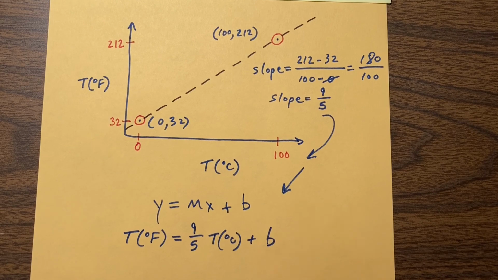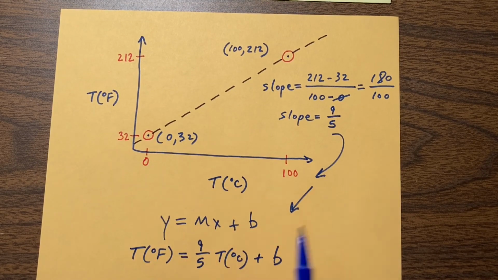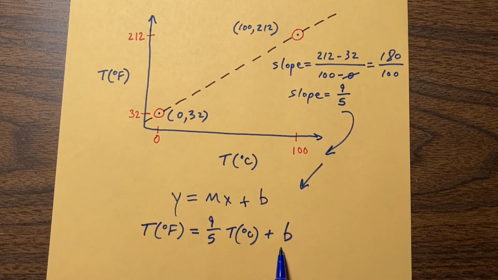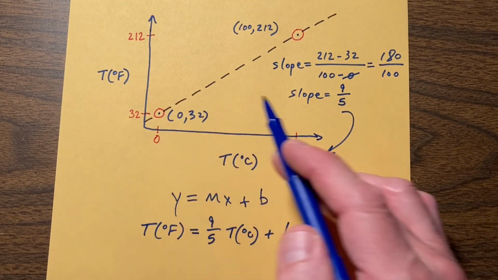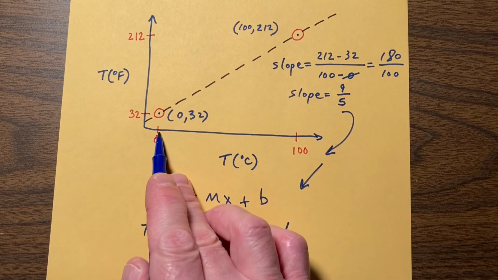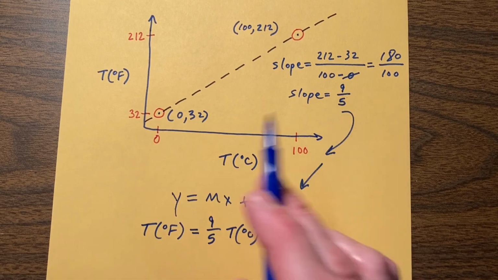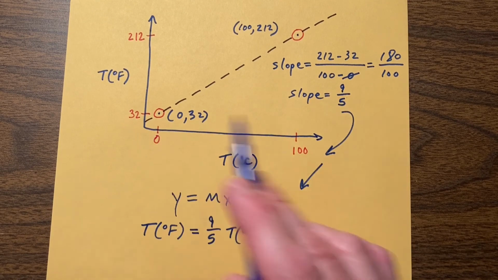But if I'm looking carefully at this graph, I see that the y-intercept of a straight line is the point at which the line crosses the y-axis when x is 0. I could have actually redrawn this graph a little bit better, but when x is 0, the line crosses the y-axis.